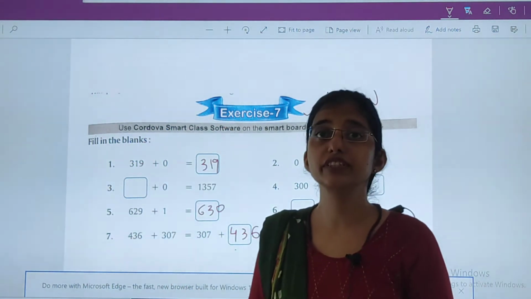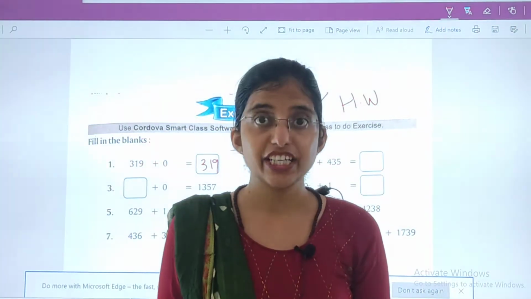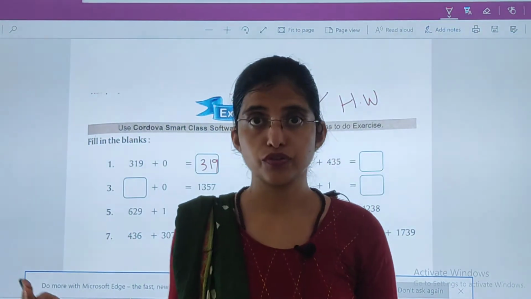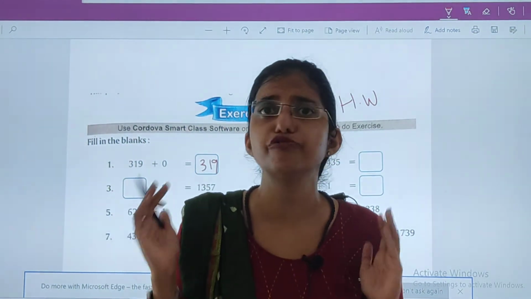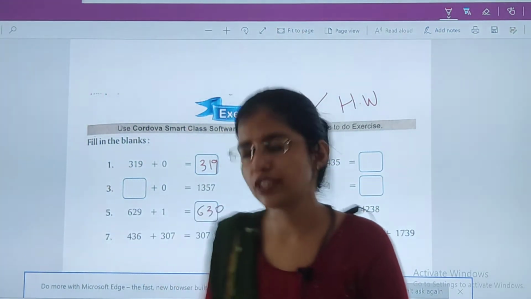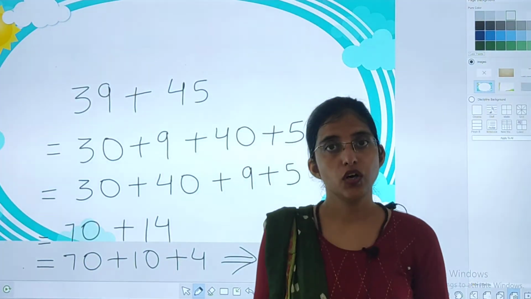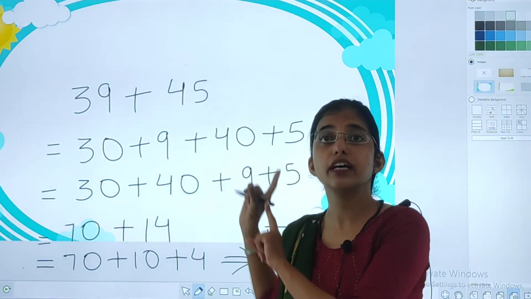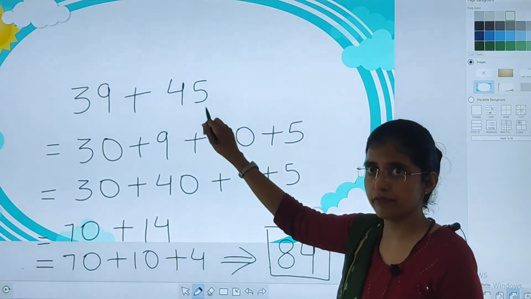Now children, we will study our second topic of the day, that is addition and another approach. We will study addition by another method which is very simple. Okay, so let's start. Okay, addition and another approach. 39 plus 45.